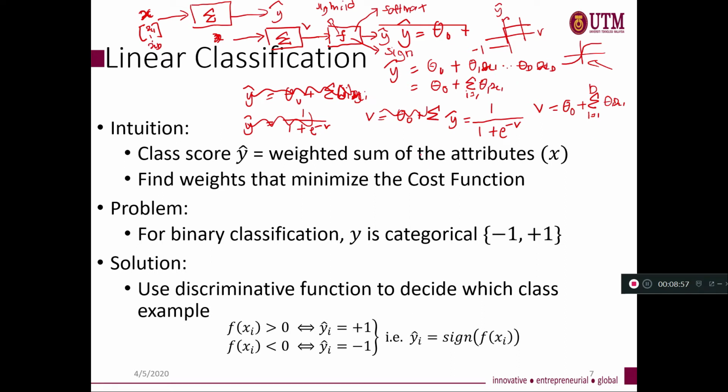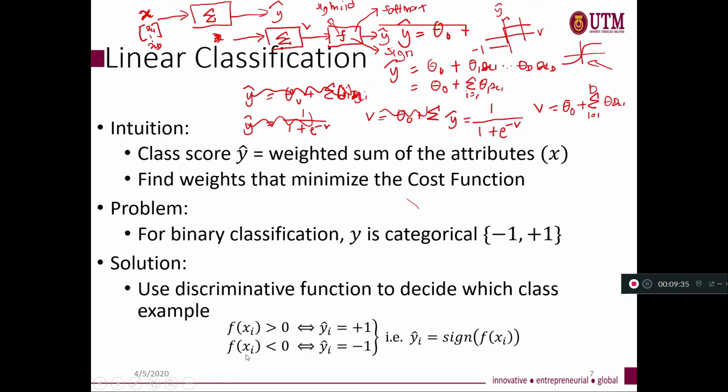If you talk about linear classification, especially a binary classifier where you can only provide y in two classes, then you can choose either the sigmoid or the sign function. So this is related to the sign function. If you find your f here, which is related to the v there, if your v is more than 0, then your predicted y becomes +1.